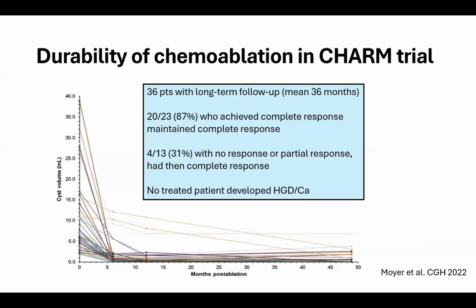And it's important because we're starting to get now long-term data of all the things that we can do with chemoablation. And 31% with no response or partial response, then even were able to have a complete response over time. So in other words, even if you follow them at 1 year and you don't see a response, over time you may still see a response of the effect of the chemoablation. And none of the patients in this cohort had high-grade dysplasia or cancer.